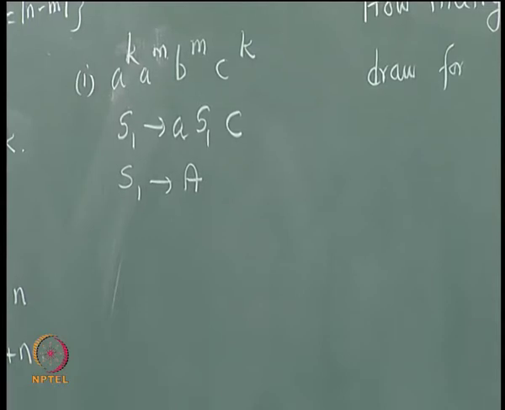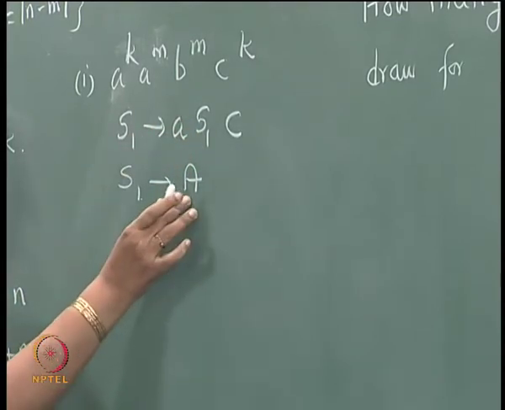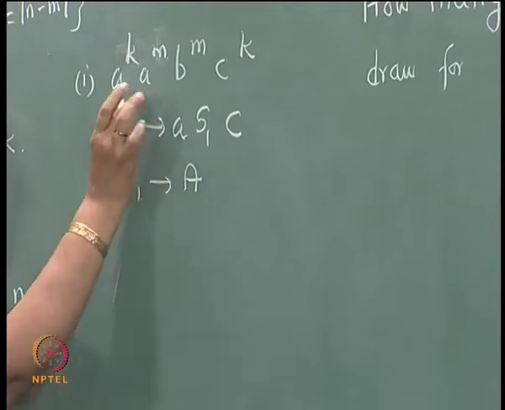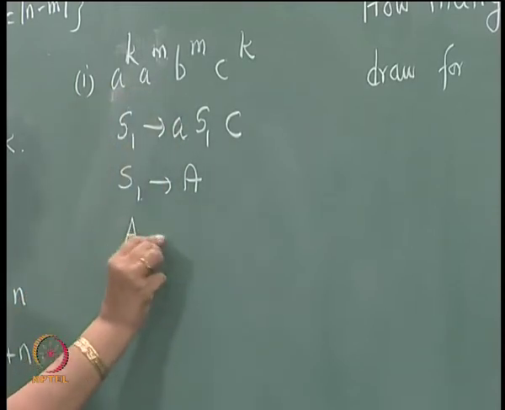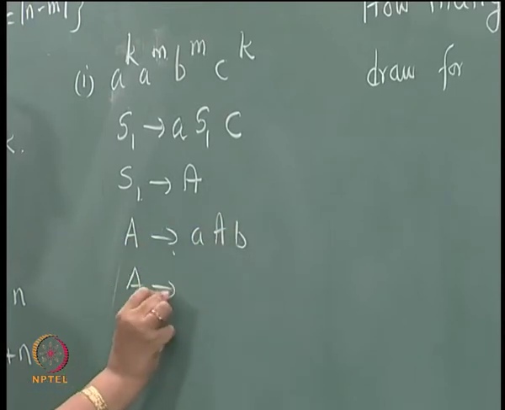Now we are not asked to avoid them, so you can use as many as possible. S1 goes to A. Then from this you can generate an equal number of A's and B's. So A goes to A A B, A goes to epsilon.